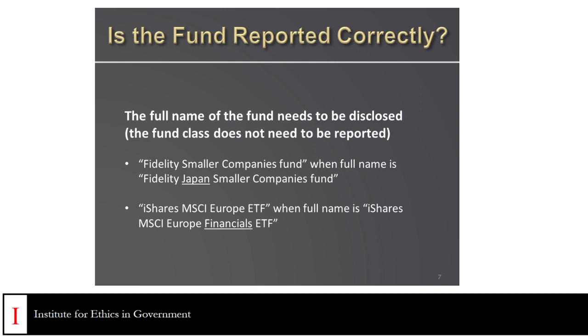However, I had trouble finding information on the funds as initially reported, and when I questioned whether the filer had provided the full and accurate names of the funds, it turned out that the filer had left off the word Japan from the first fund and Financials from the second. Both funds were actually sector funds, and the financials fund actually created a potential conflict for this filer.